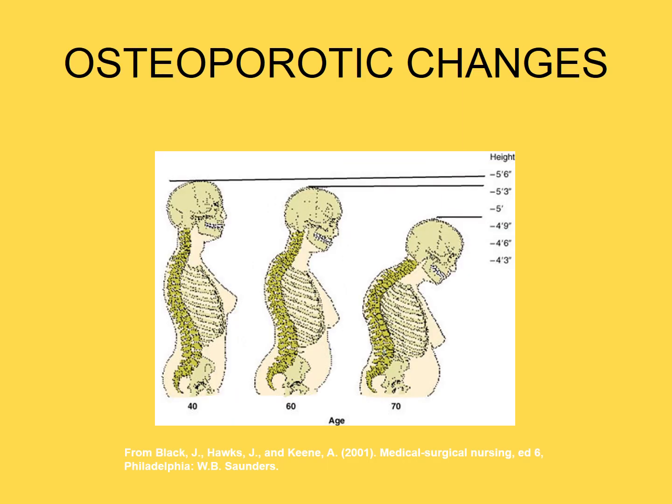So the osteoporotic changes as someone gets older. So they lose their height, right? And so the assessment findings are back pain after lifting, bending, or stooping, back pain that increases with palpation, pelvic or hip pain, especially with weight bearing.